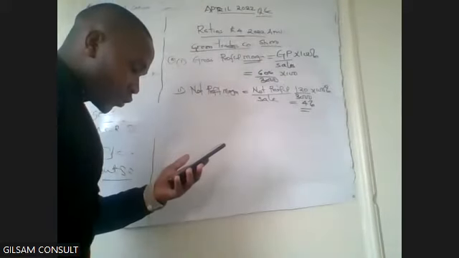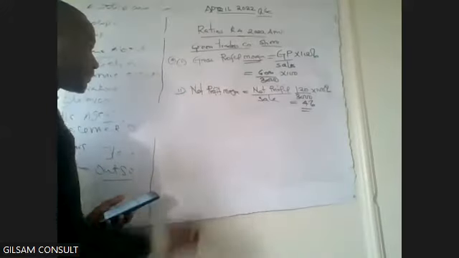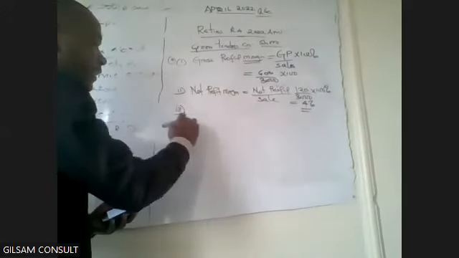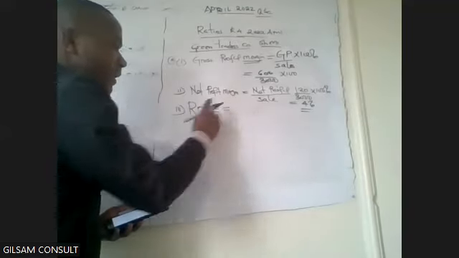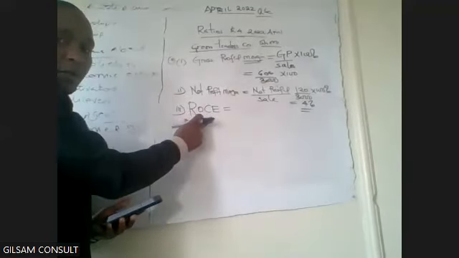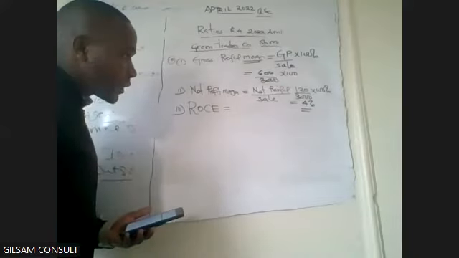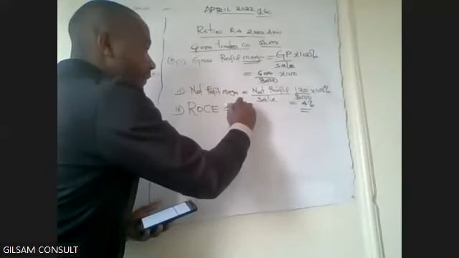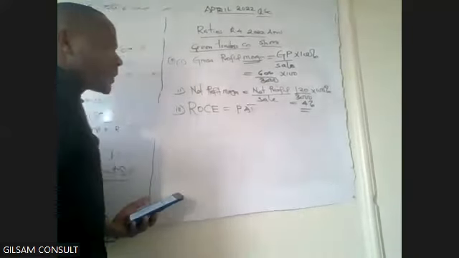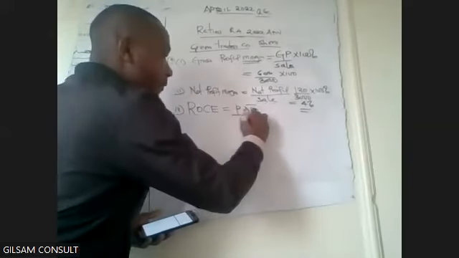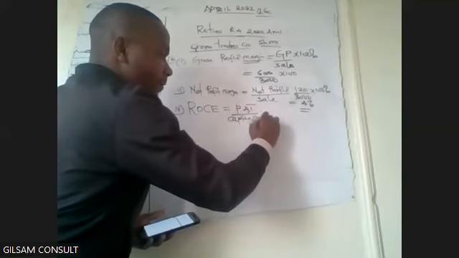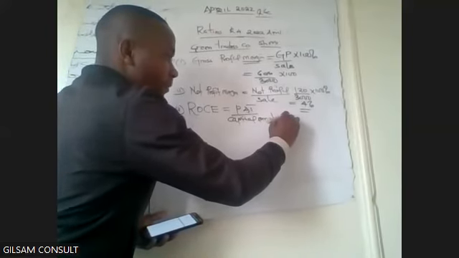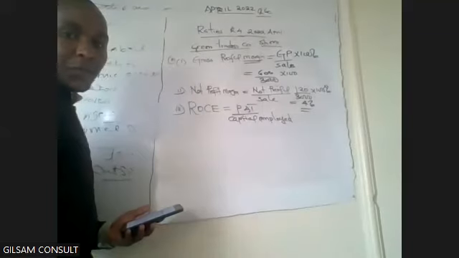Then Roman 3, they need return on capital employed, we call it ROCE. How do you get return on capital employed? It is the profit after tax divided by capital employed.